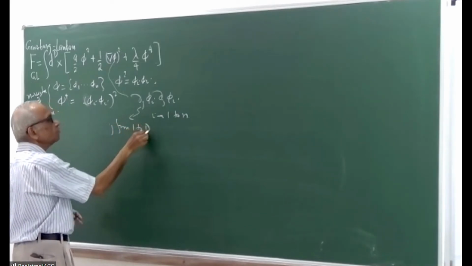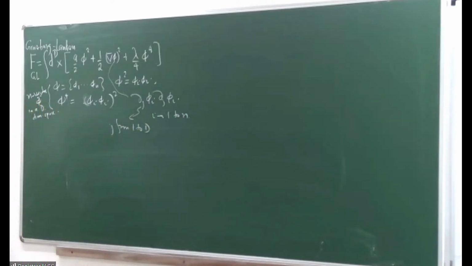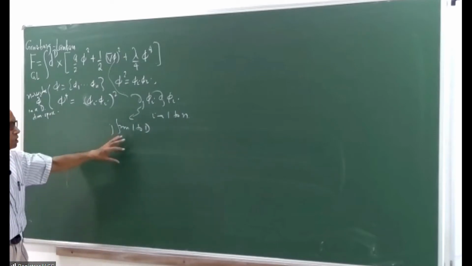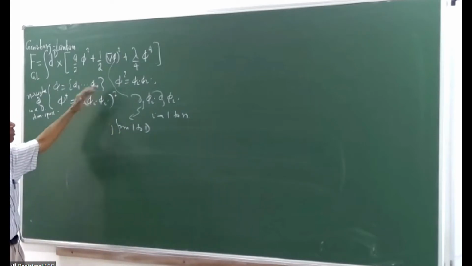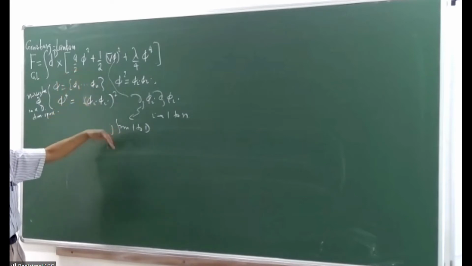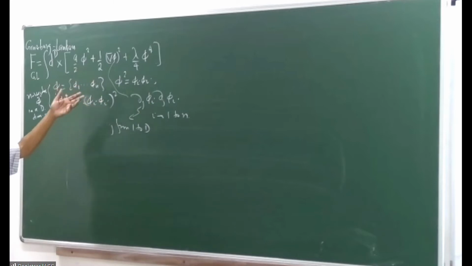For the most part, we will be talking about a scalar field. The difference between scalar and vector field would depend, as you will see, on just the combinatorics of the diagrams.